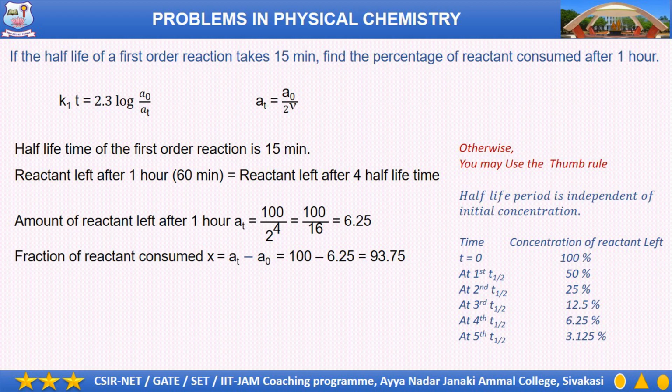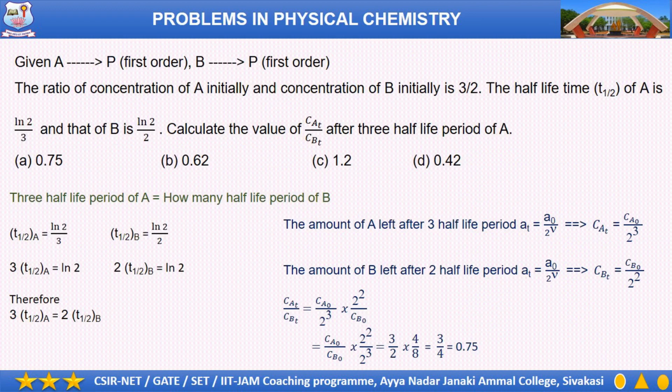This can easily be done for first order problems, not for other problems. If you understand this, you will go for the next type of problem using this half-life period. A giving product, first order.